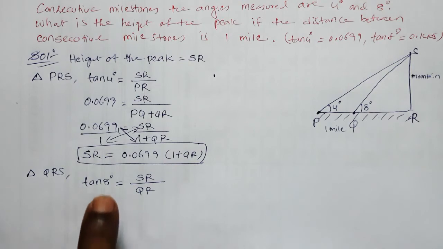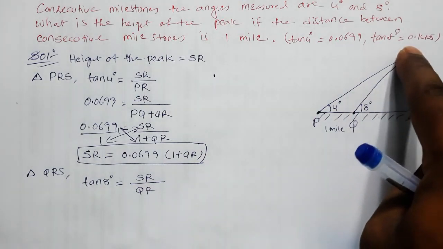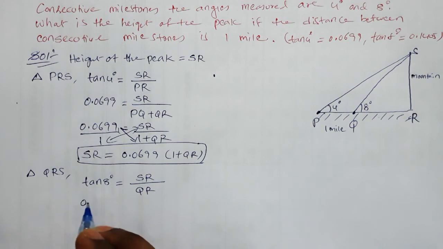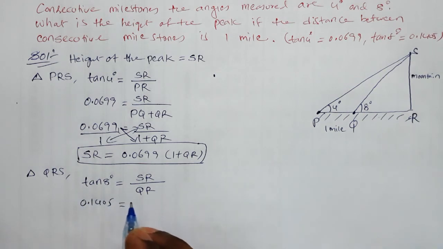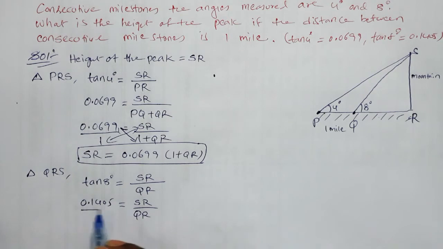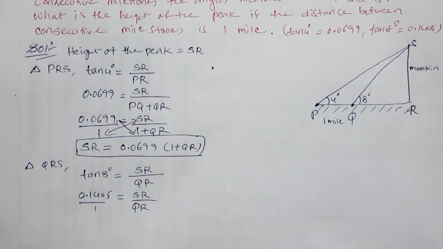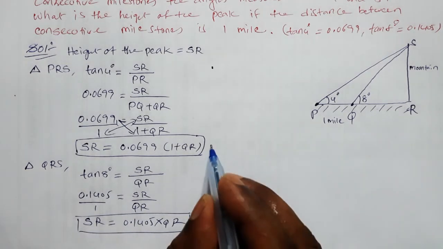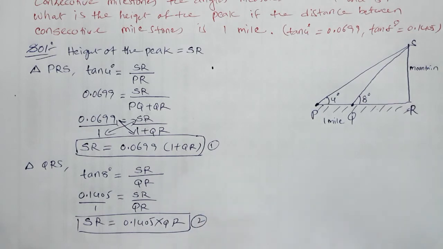Tan 8 degrees is 0.1405, SR and QR we don't know, so write them as they are, divided by 1. Do cross multiplication: SR equals 0.1405 into QR. Call this equation 1 and equation 2.